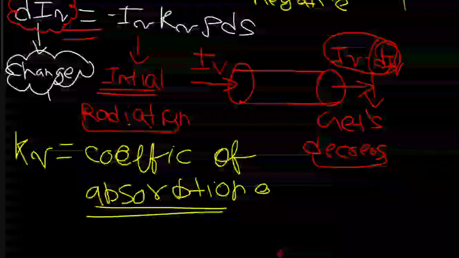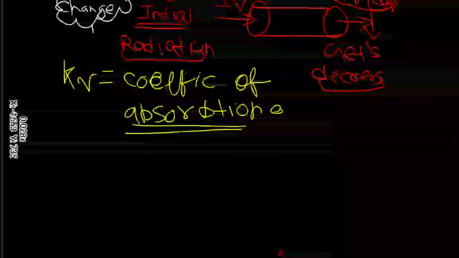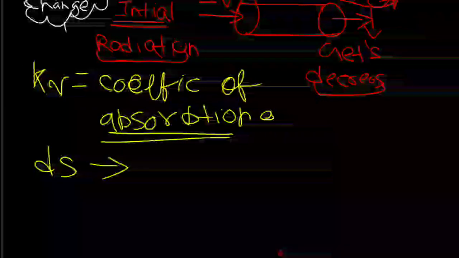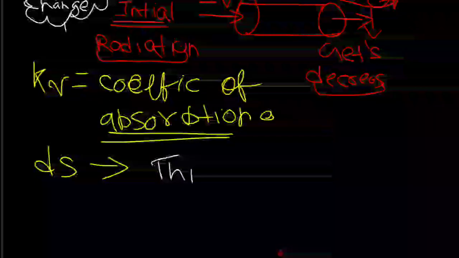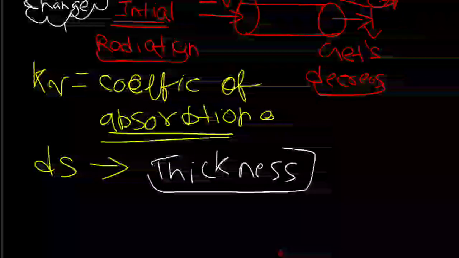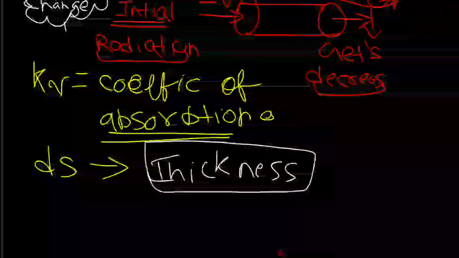I hope you know this is density, and ds. So let me clarify what exactly ds is. ds is generally the thickness of your material in which the radiation is going. Suppose that it is a cylindrical element, so ds is the thickness of this cylindrical element.